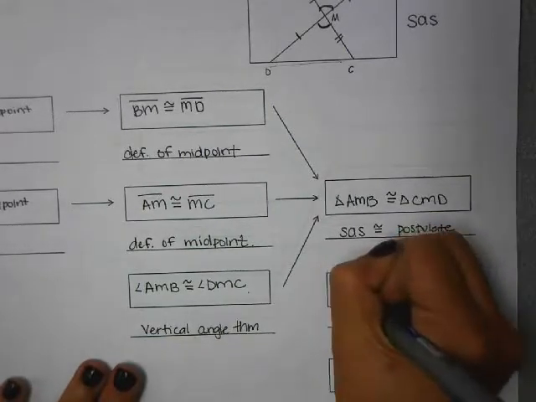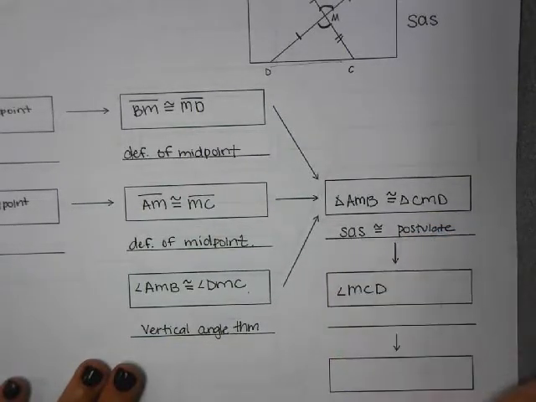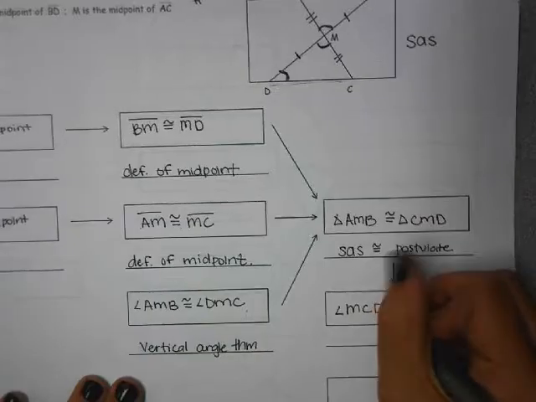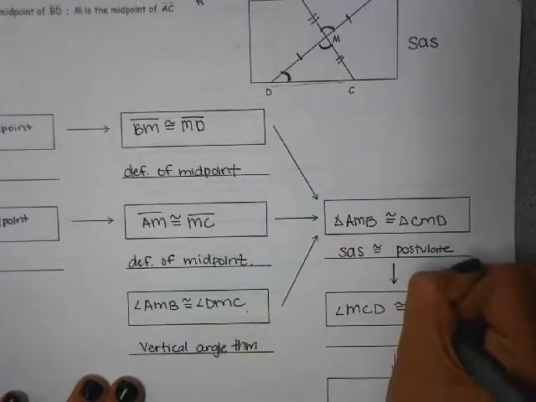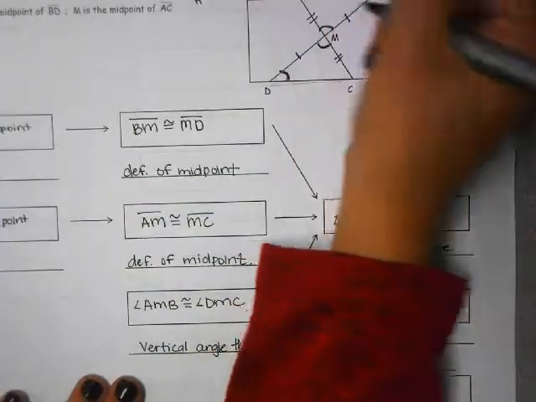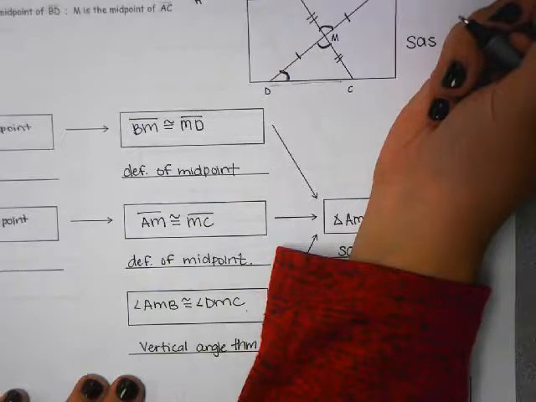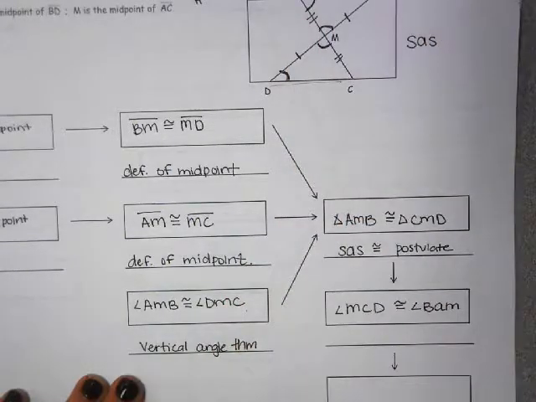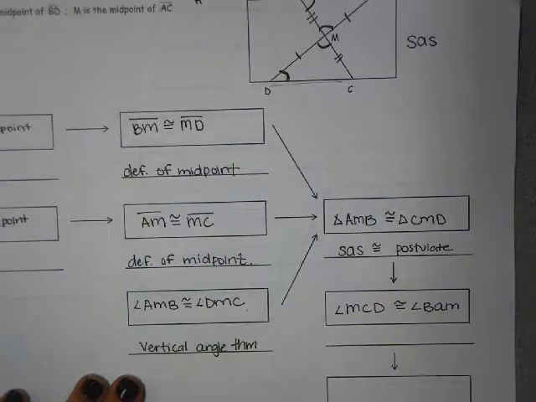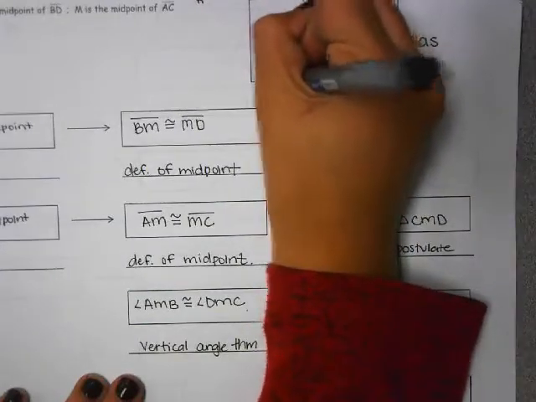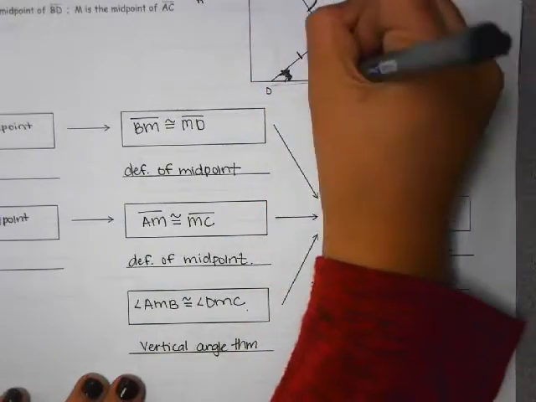So if we say that angle MCD, so this one right here, is congruent to angle BAM, oh, MCD is right here. Okay, so yeah, this makes more sense.